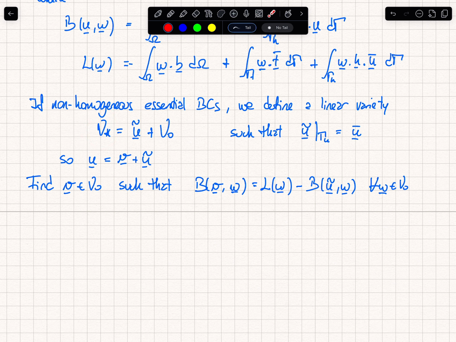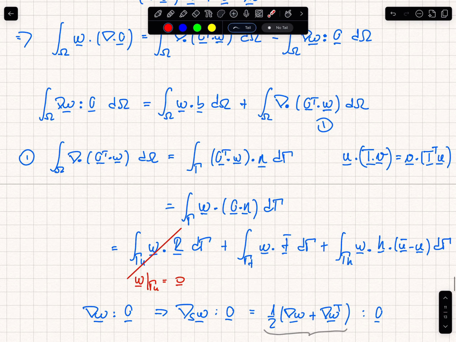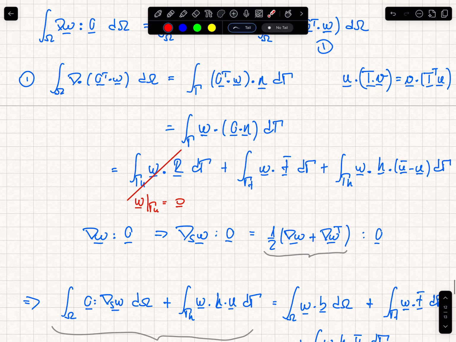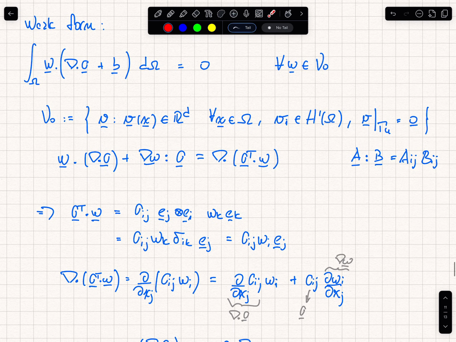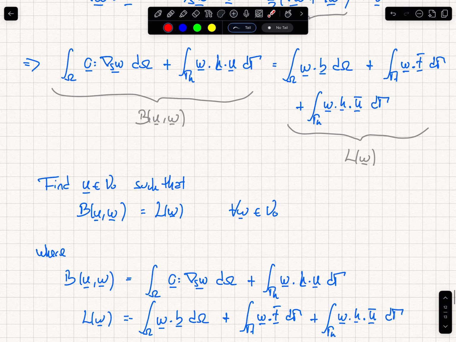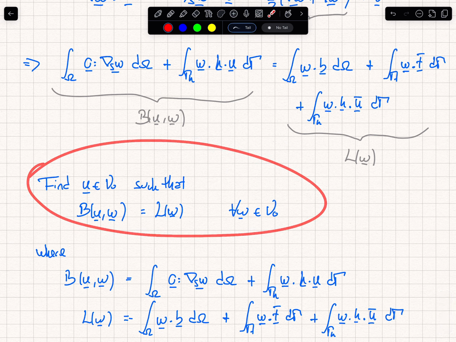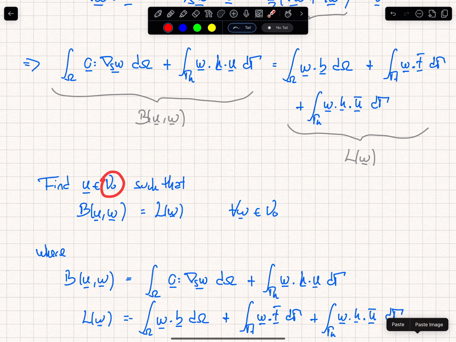But my question is, if you look at the bottom sentence, both vectors are part of the same vector field, but that must imply that U was not part of the same vector field as W previously. I don't see that being defined anywhere else. Look, in all this first derivation for the weak form, up to the way we are defining this expression, U belongs to V naught and W belongs to V naught as well.